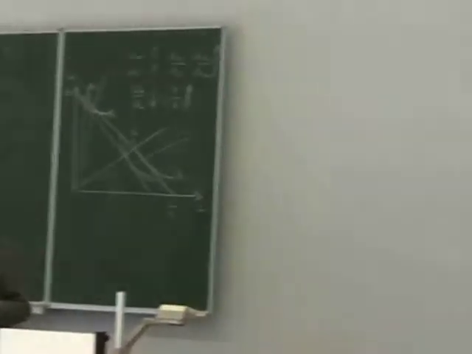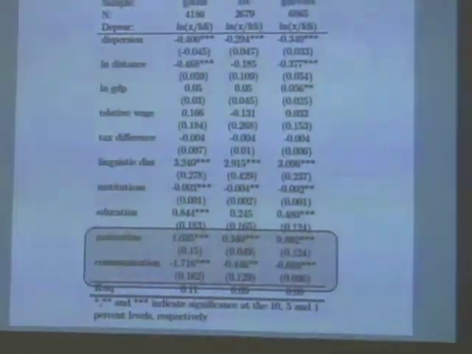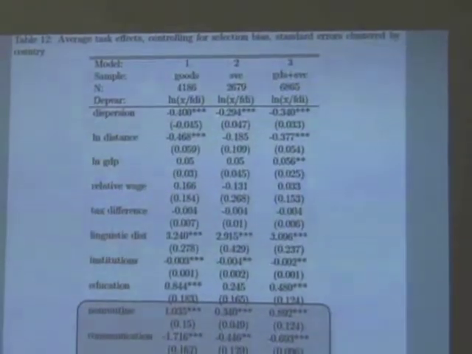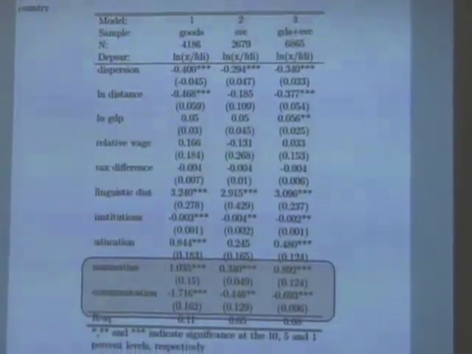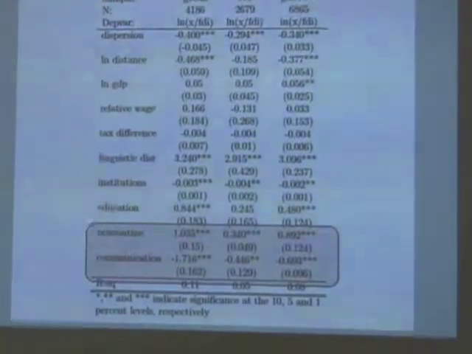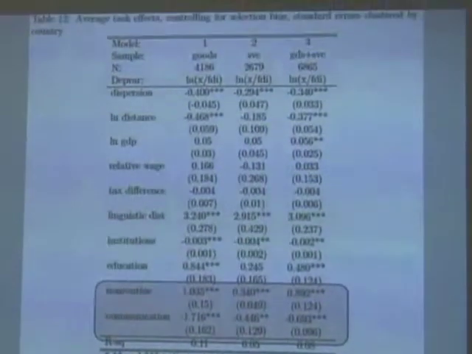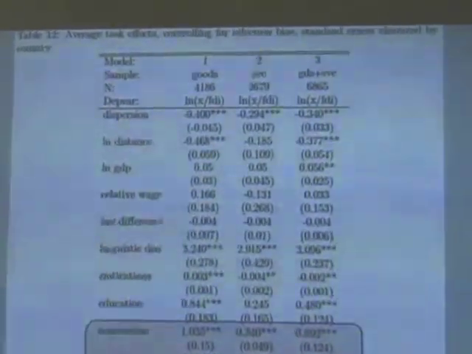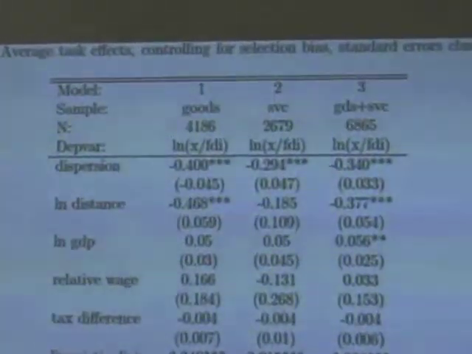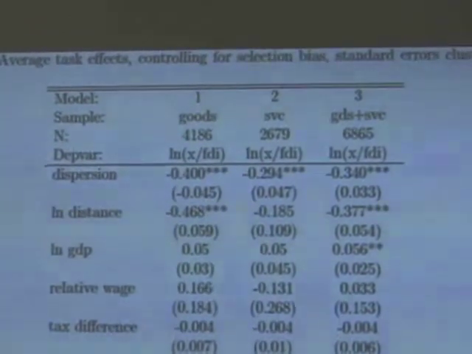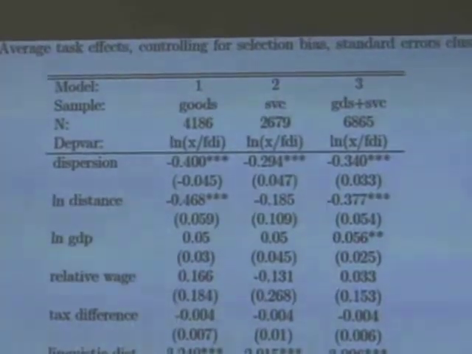And so what does she do? Very simply, she goes to the O*NET, gets measures of non-routine task intensity and communication task intensity, and then she looks across all industrial sectors in the United States, characterizes those industries by their communication task intensity and non-routine task intensity, and then looks at the ratio of exports to FDI out of that industry into different countries.